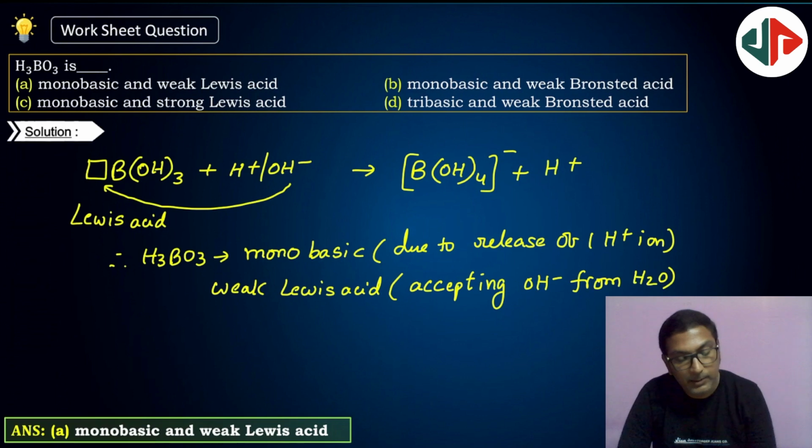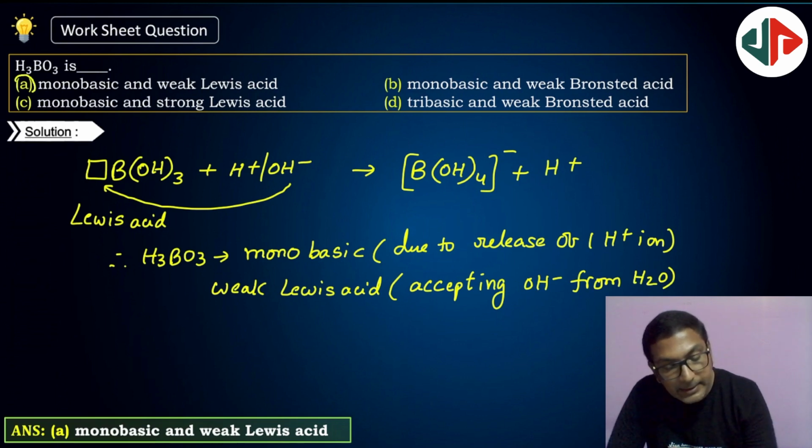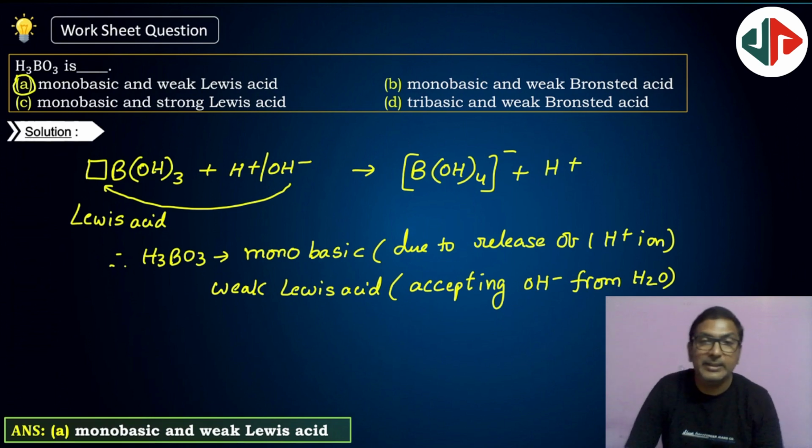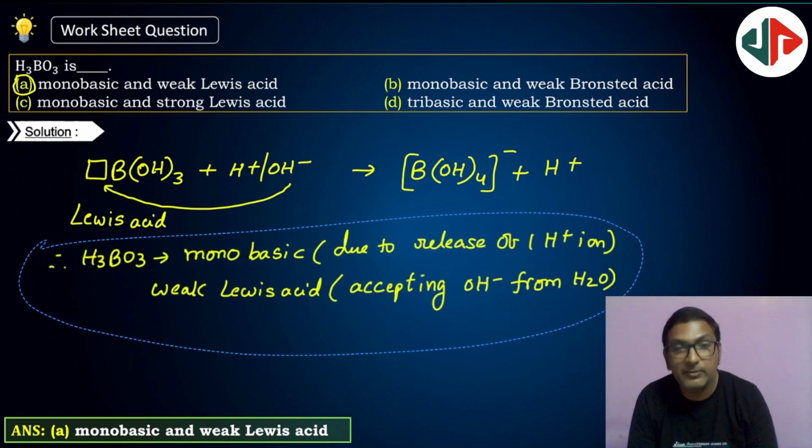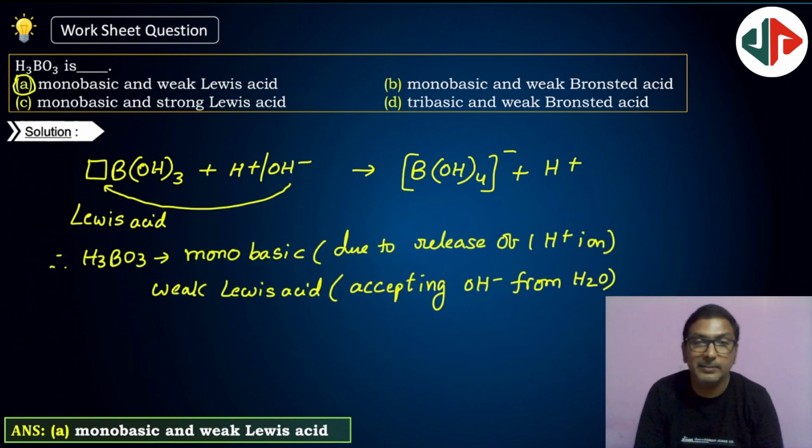So therefore option A: monobasic acid, and it is a weak Lewis acid. Lewis acidic nature is due to acceptance of one pair of electrons. It is accepting one pair of electrons from OH-.